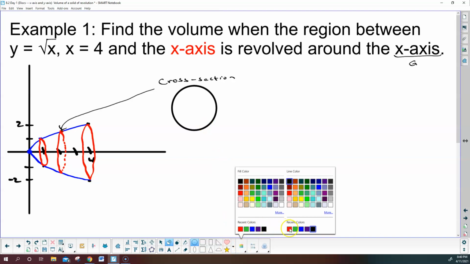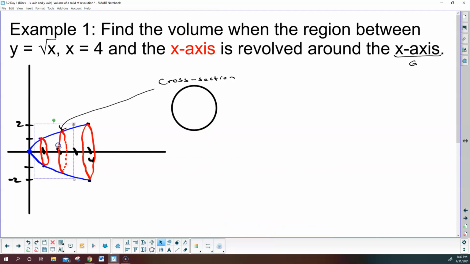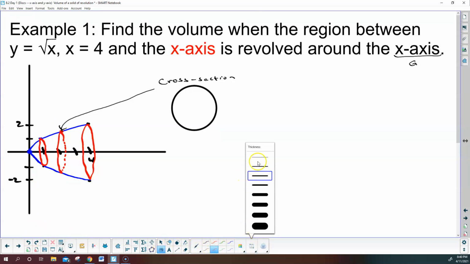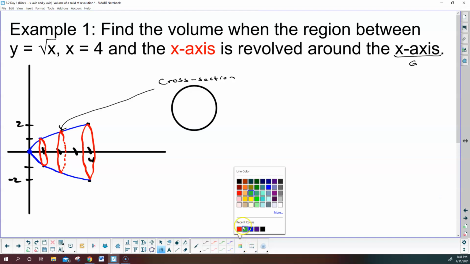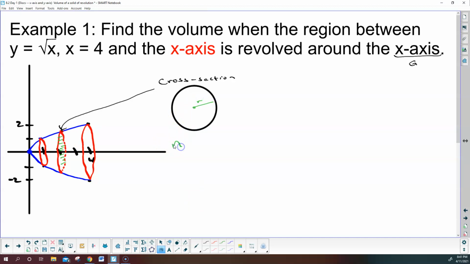Now, picture that circle being shaded in. Maybe I'll use green. Well, what do I need? I need to figure out the radius, because my ultimate goal is to figure out the area of that circle, pi r squared.